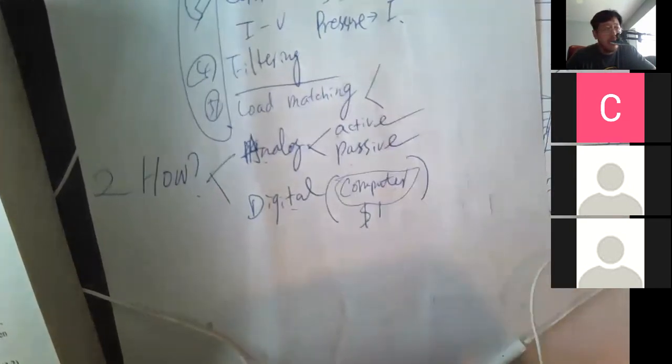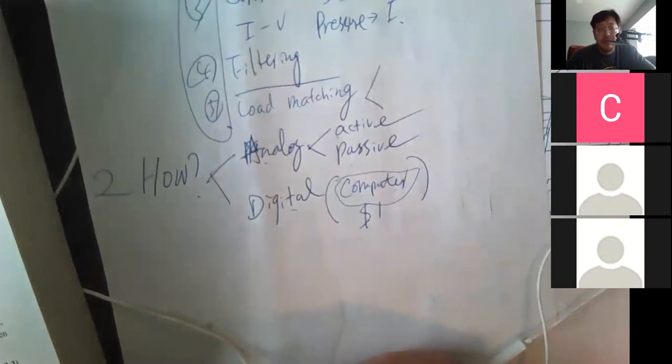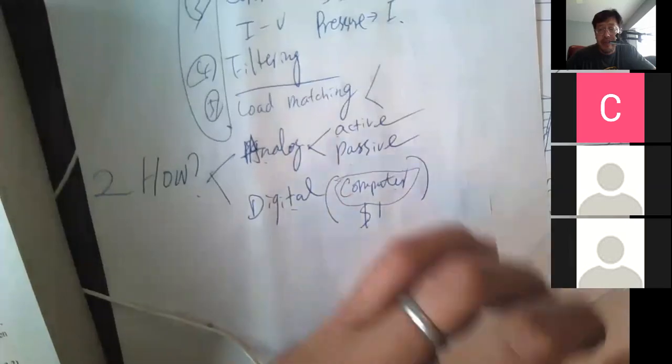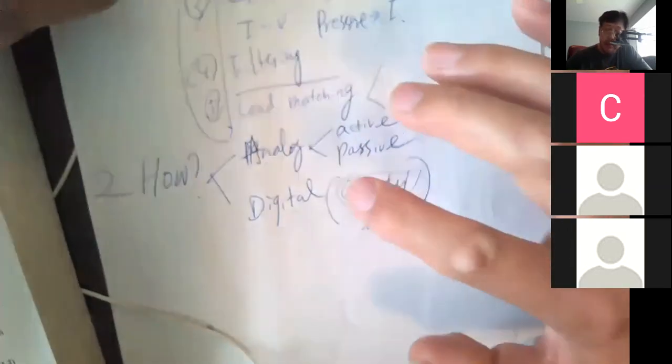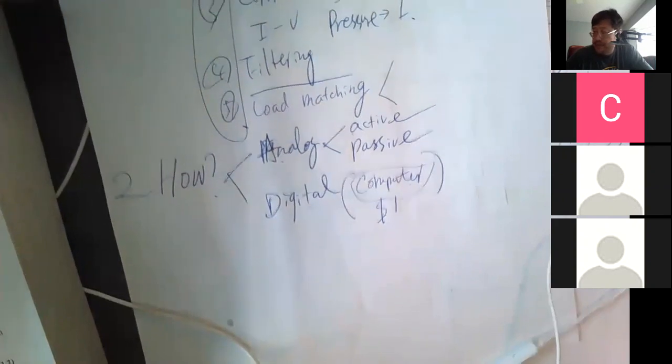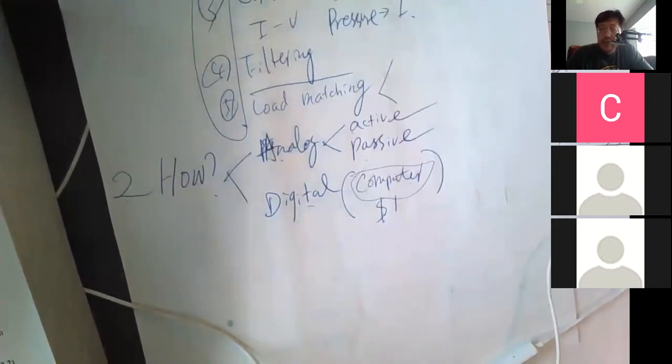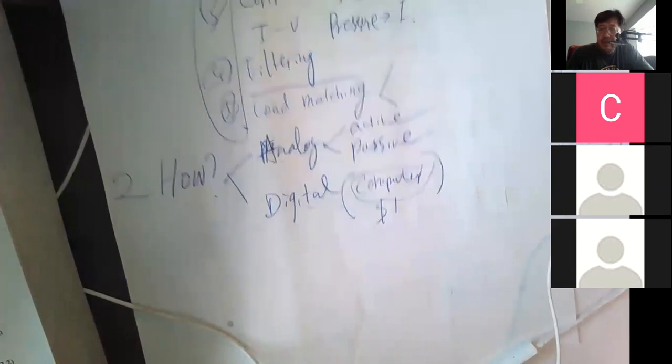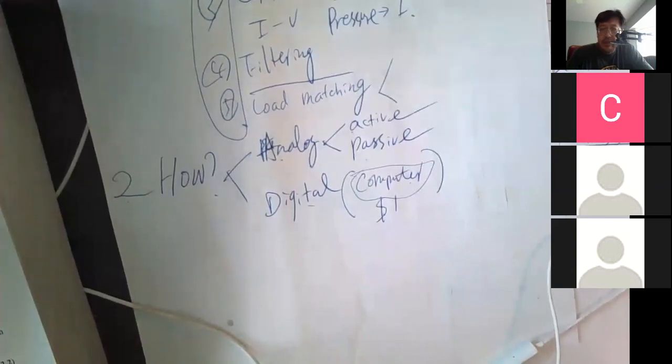So if you buy a cell phone that costs you, for example, $200 to $300, chances are the computer inside may be $5 now. The newer models may be more expensive.